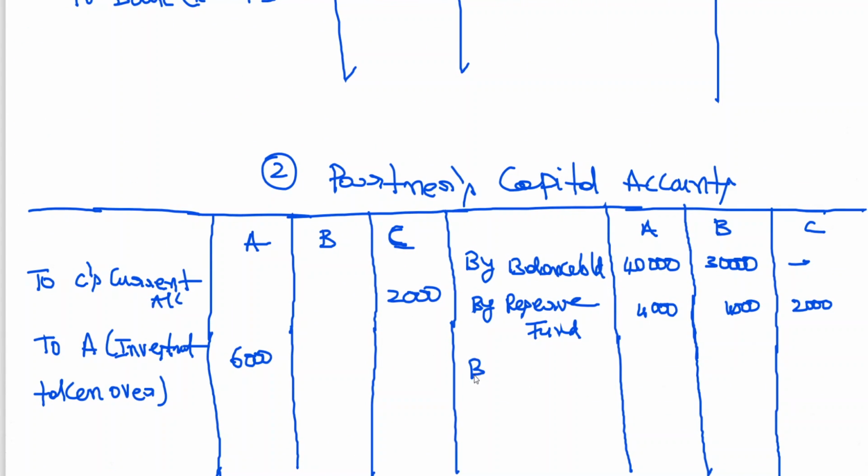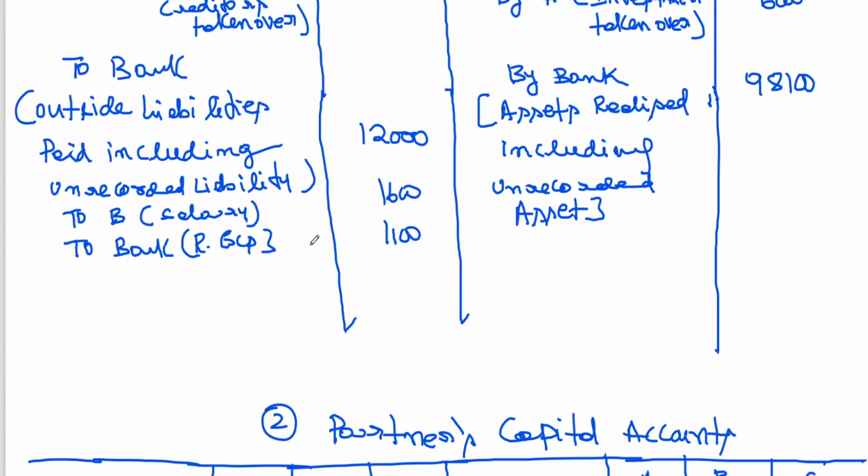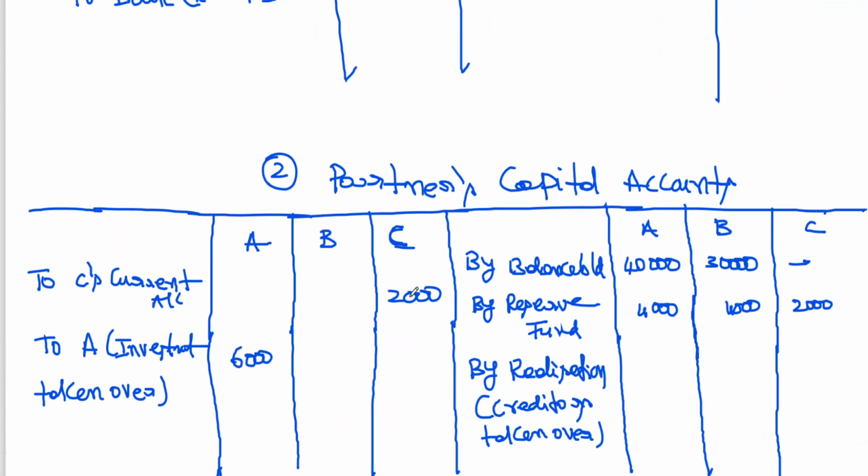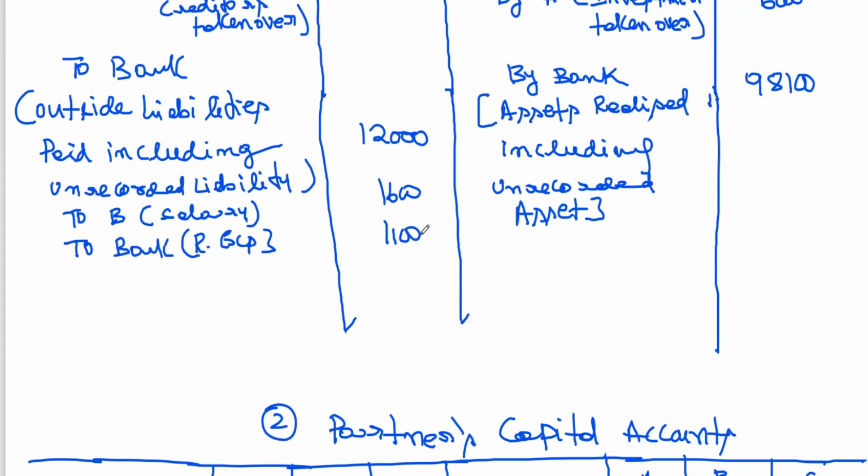Then by realization, creditors taken over, part of the creditors taken over. What is the amount of creditors taken over here? 9,900. Who has taken over? B. 9,900. Okay, then this is completed.